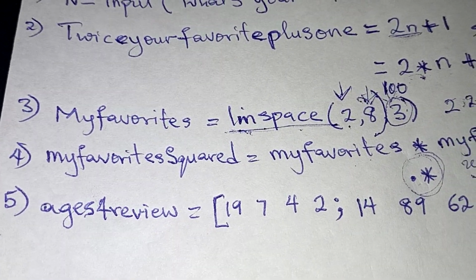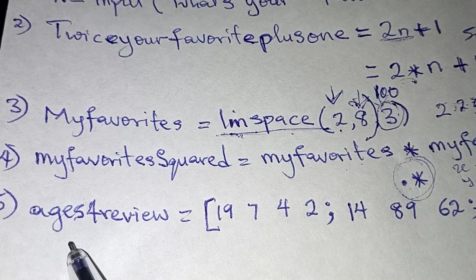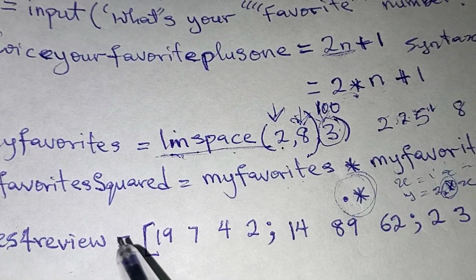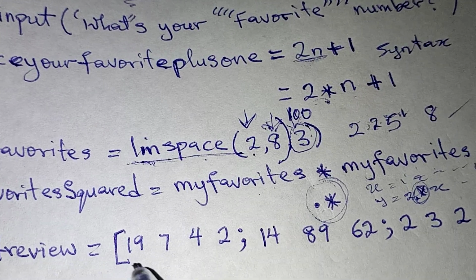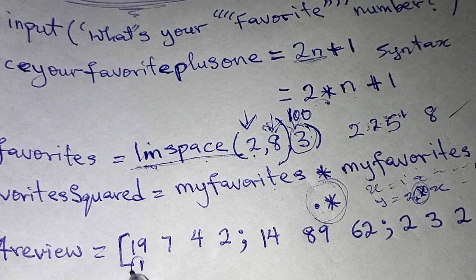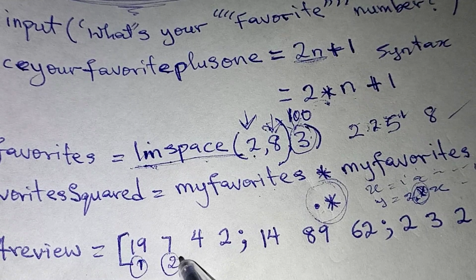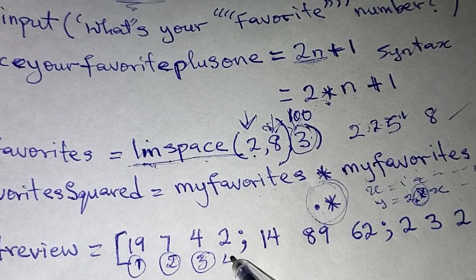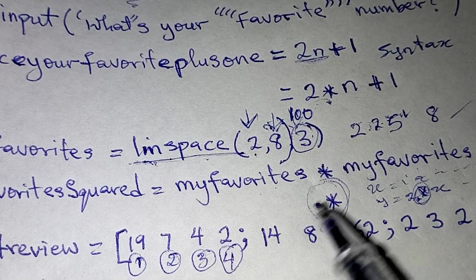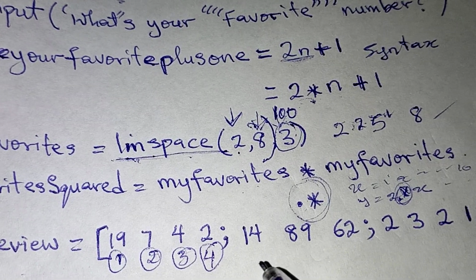And the last aspect is this one that says ages for review. Well, the only error they have here, take note, this is like 1, 2, 3, 4. For the first one, you are trying to represent a matrix.